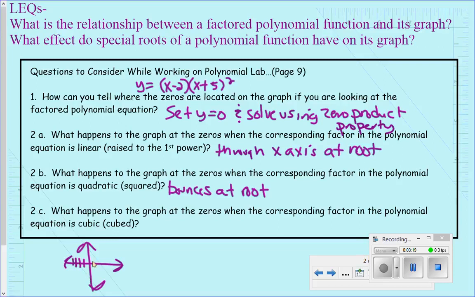So we had 0, 0 was a single, and then negative 4. What happened was it came into that point and then went out of that point with an opposite concavity, and then it went through. It's kind of hard to tell here, but because it's coming in one direction and going out the opposite direction, that point right there is a point of inflection.